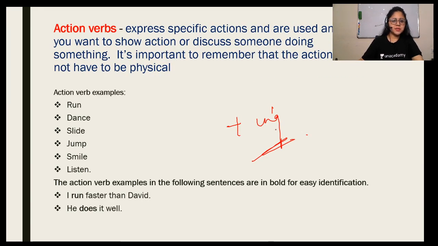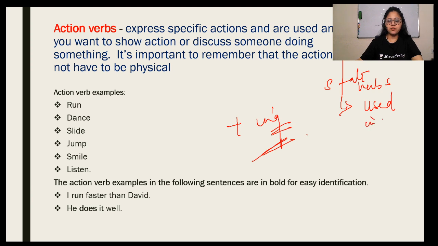The action verbs can be used in the ing form, but the state verbs, which I'm going to clarify about in the subsequent slides, cannot be used in the ing form. That means in the present progressive or the present continuous form.